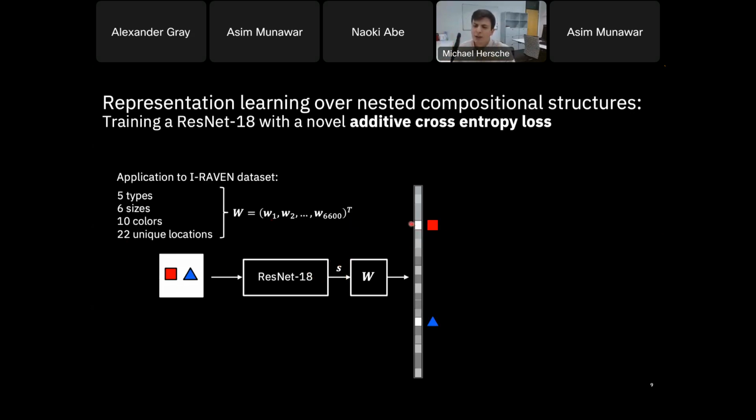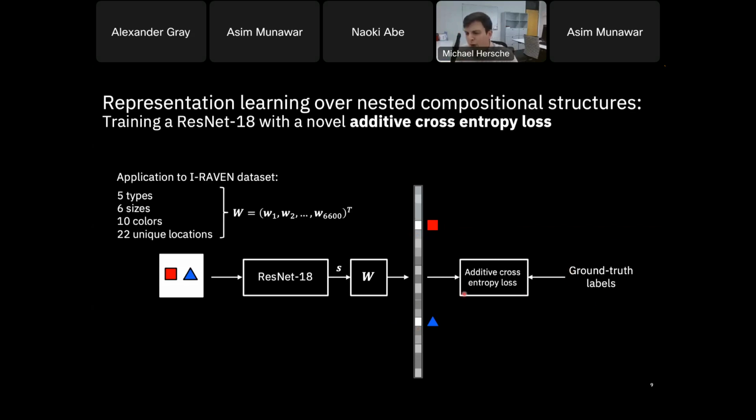Hopefully, we end up with a 6,600-dimensional similarity vector, and we hope that the similarity to the red square and the blue triangle is maximized. If it's not maximized, we can still train it with an additive cross entropy loss, given the ground truth labels. But this is a fully supervised setting where we are provided with those ground truth labels. I will show some more weakly supervised cases towards the end of the talk.